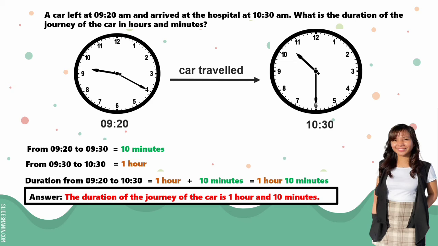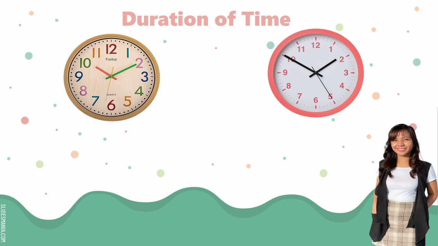Okay, so this is all about the duration of time. It's like getting the difference of time in between. Another example of duration of time. The first clock, what time is it? It's 10:10.